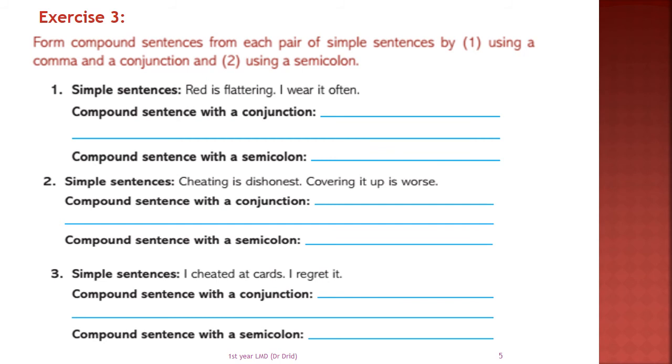The third exercise. Form compound sentences from each pair of simple sentences by using a comma and a conjunction or using a semicolon.